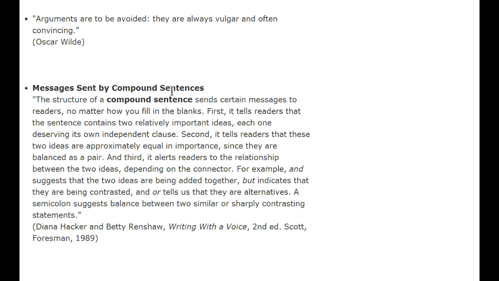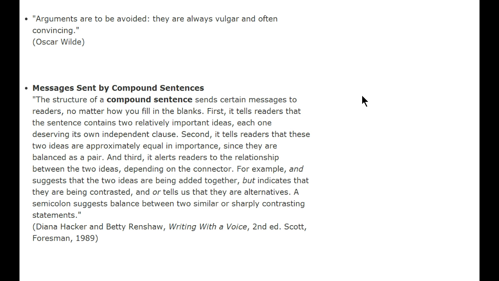And we have a little message sent by compound sentences. It is the structure. A compound sentence sends a certain message to readers, no matter how you fill in the blanks. First, it tells readers that the sentence contains two relatively important ideas, and each one deserves its own independent clause.